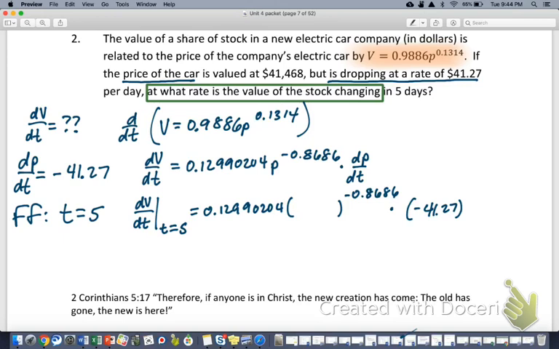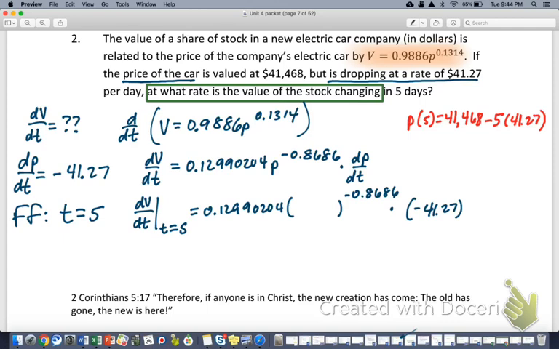What I do want to do, maybe come off to the side here and say, well, the price after 5 days would equal 41,468 minus 5 times 41.27, right? The price of the car is dropping $41.27 per day.